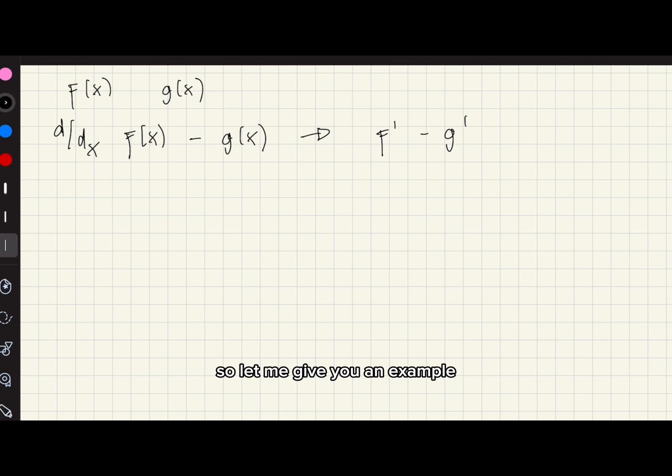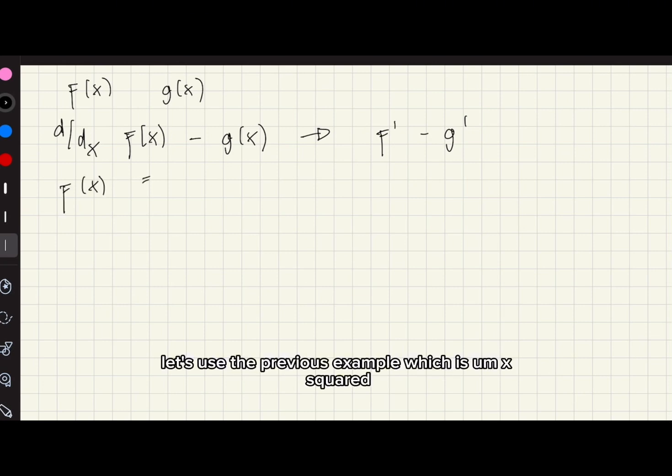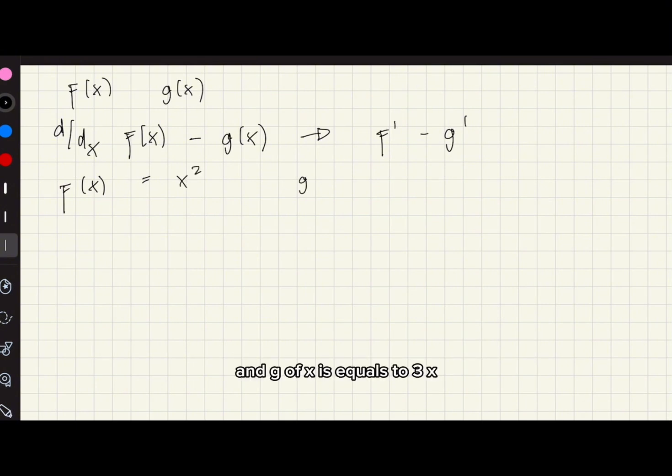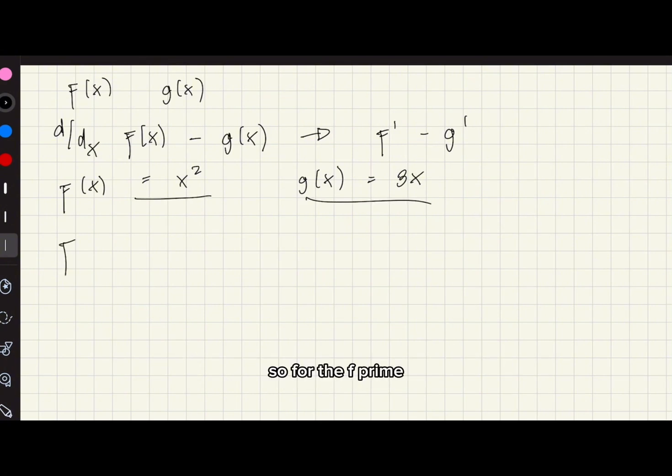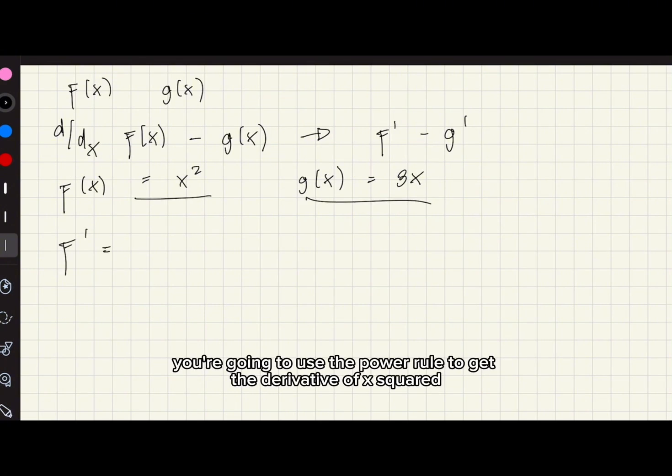So let me give you an example. Let's use the previous example, which is f of x equals x squared and g of x is equal to 3x. In here, you're going to again first find each of their derivatives. So for the f prime, you're going to use the power rule to get the derivative of x squared.